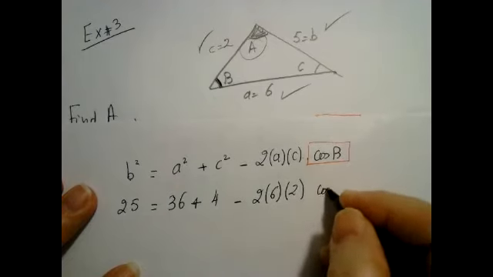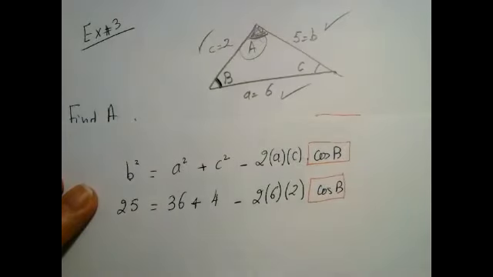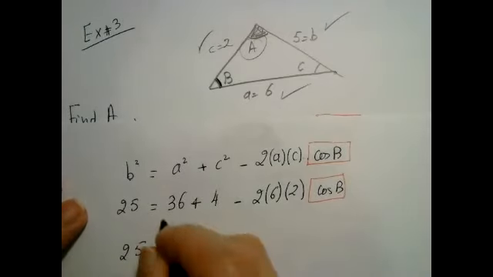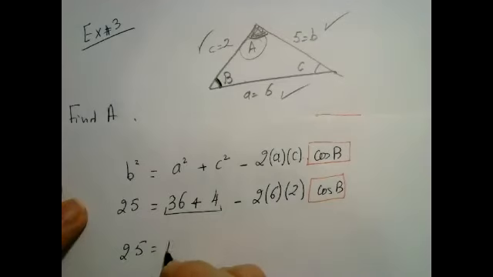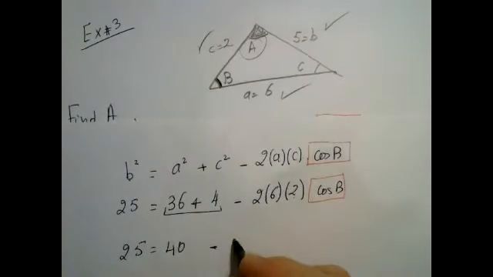And then cosine B. That's my unknown. Focus on your unknown. All right, then what do you do? Add 36 and 4, which gives me 40, minus. Then you multiply those, so it'll be 12, then 24.